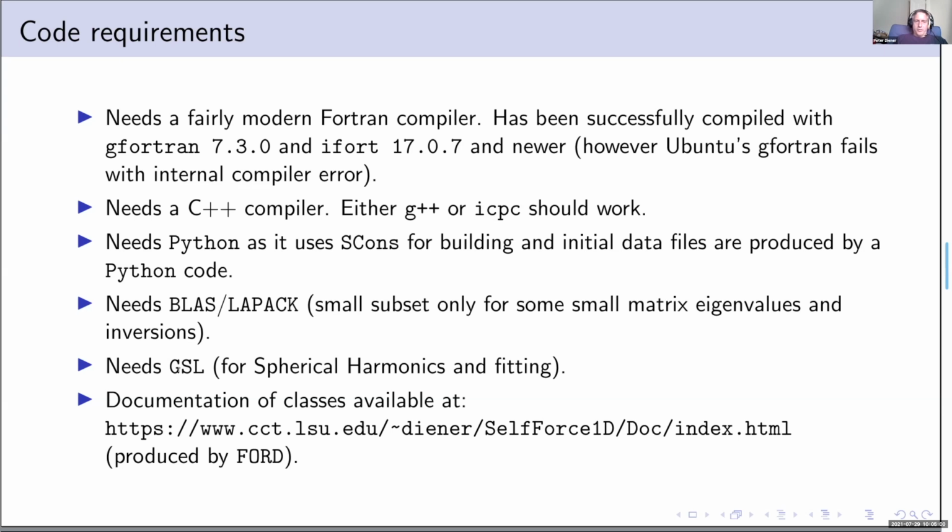It also uses the GNU Scientific Library for the spherical harmonics and some Bessel routines. And there's some documentation produced by a tool called FORD, based on inline special comments, that is available at that URL.